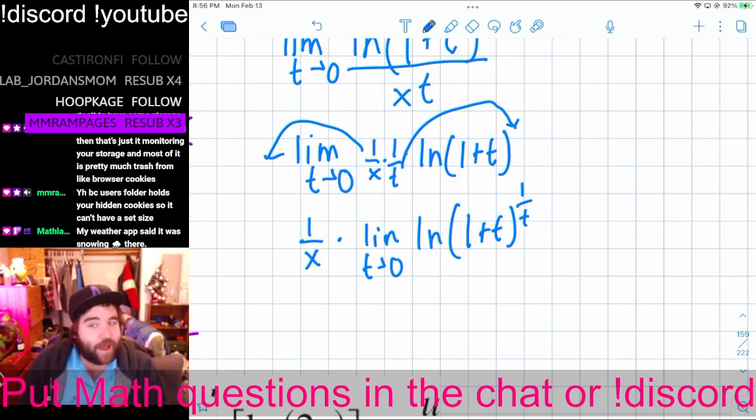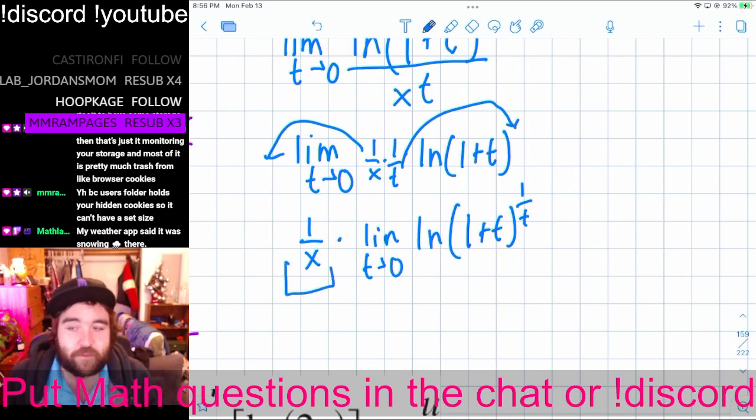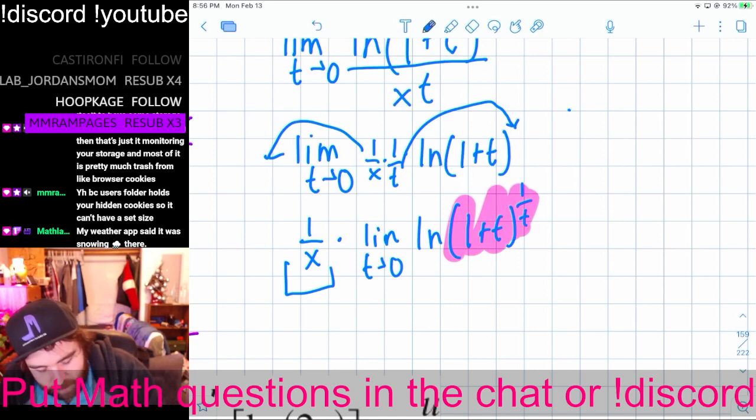And now that you see that, well, first off, you should be happy. As we already said, that's the derivative of ln. And what's going on with everything else? Well, when you plug in 0, you kind of have to know this. What is the limit as t approaches 0 of 1 plus t to the 1 over t?